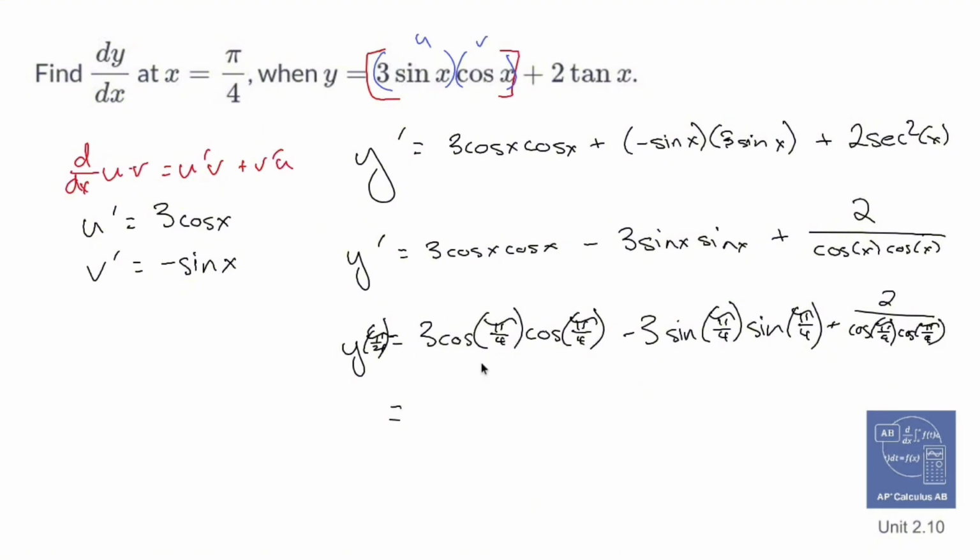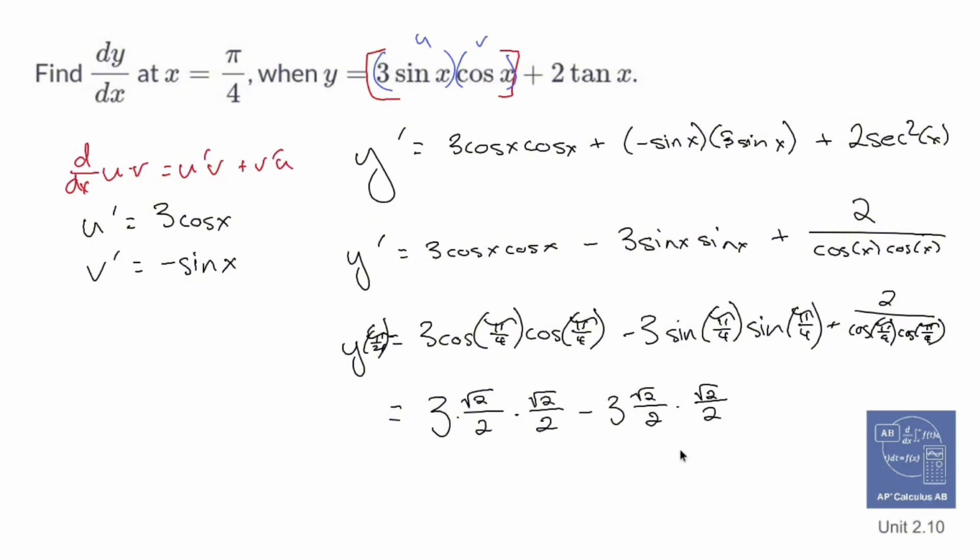Now, if you remember from the unit circle, cos pi over 4 is root 2 over 2. So you're going to have 3 times root 2 over 2 times root 2 over 2, minus, also nice, sine of pi over 4 is also root 2 over 2 times root 2 over 2.